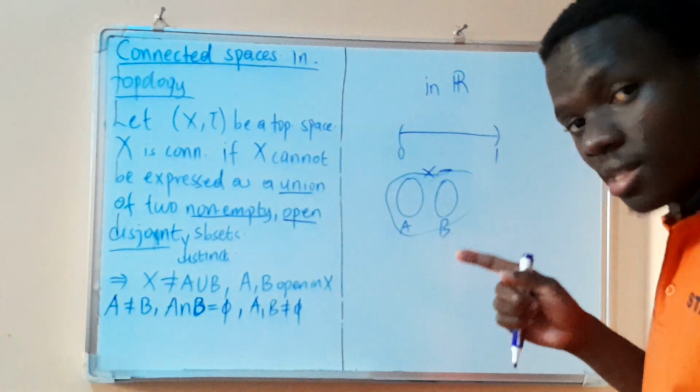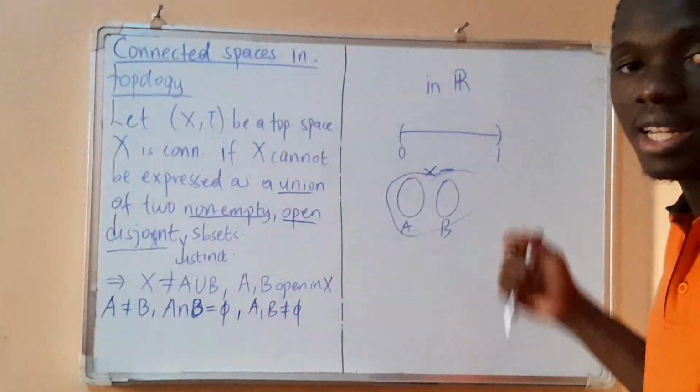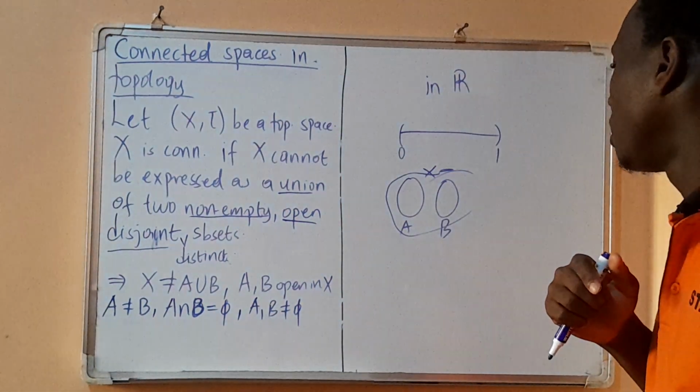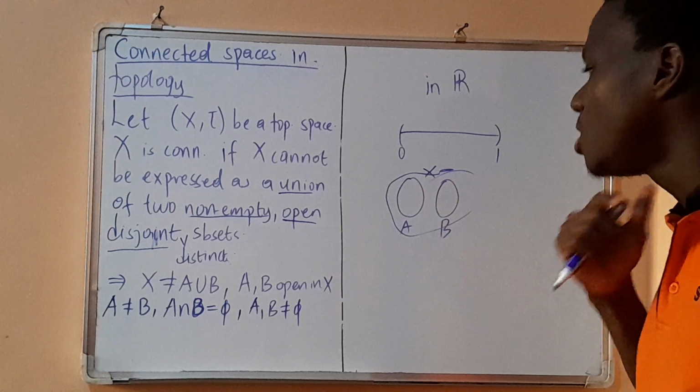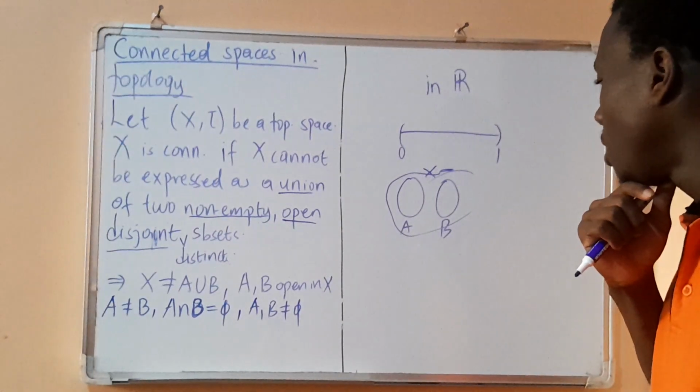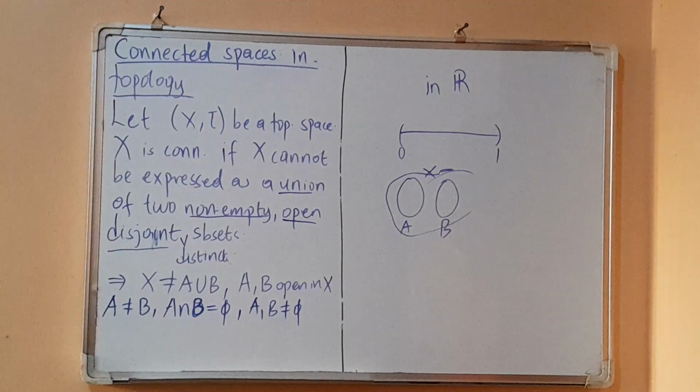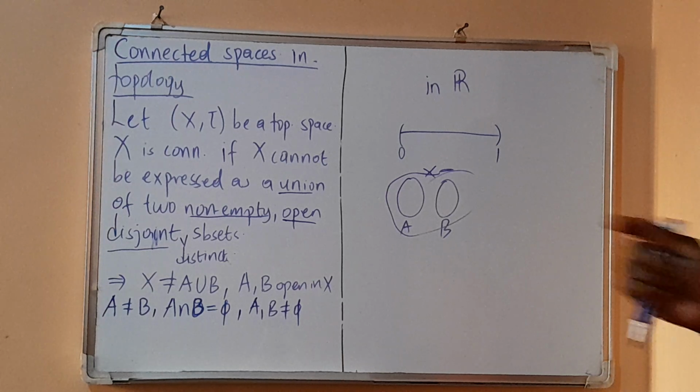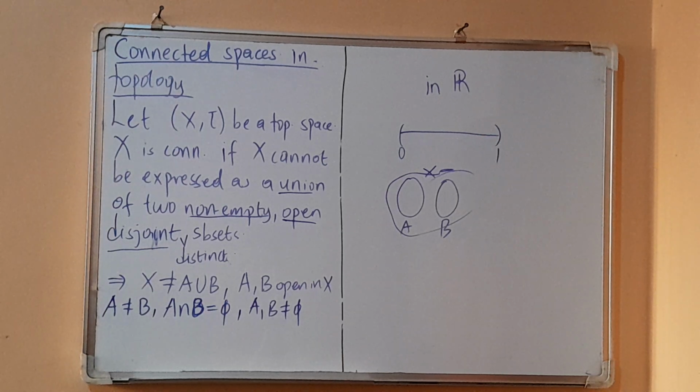If it is connected, X shouldn't be separated in simple terms. It shouldn't be expressed as a union of disjoint, open, non-empty subsets of X. So if X cannot be expressed in that form, then X is connected.